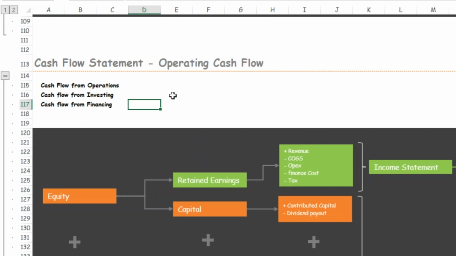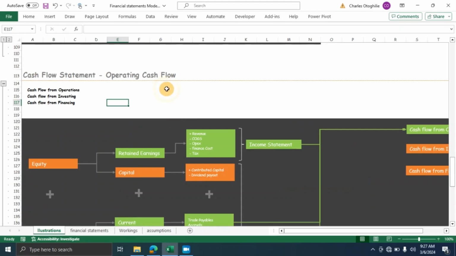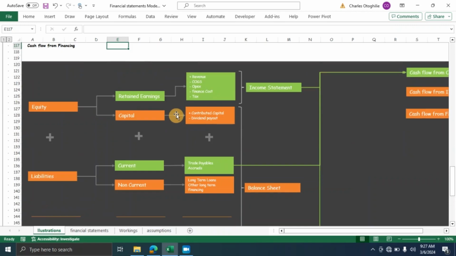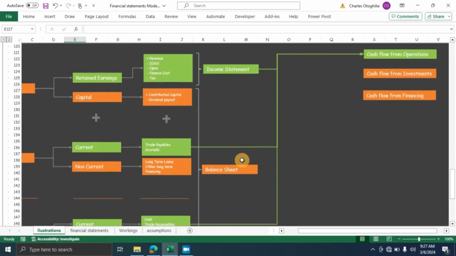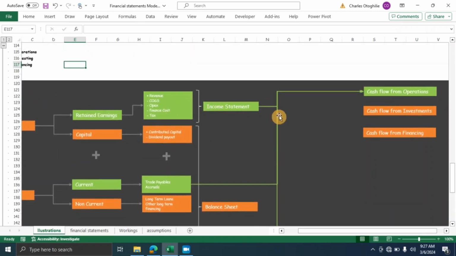Okay, so actually, what happens is that the cash flow statement presents cash in and out in these three major headings. Now, let us see how it works in this diagram here. Everything that has to do with your cash flow from operations comes from these green areas that I've mentioned here.